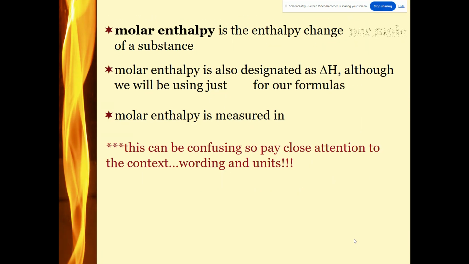Now, the H. In our formula, we also are going to have an H. And H is a little different than delta H. Now, the H, remember delta means change, and the H still represents a change, but we need to use a different variable in the formula. So in our formula, we leave it as just an H to show that it's different than the delta H.